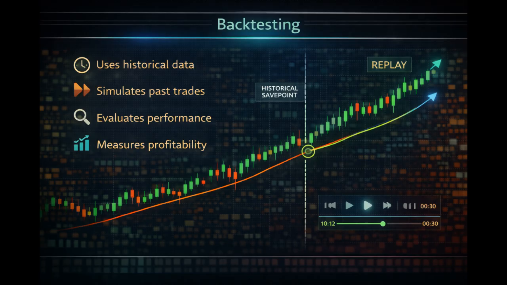Forward testing using simulated live data. 3. Deployment in live trading environments. For example, a Renko-based trading algorithm may generate signals based on moving average crossovers. Developers first test this algorithm on historical data to evaluate performance before allowing it to trade in live markets.